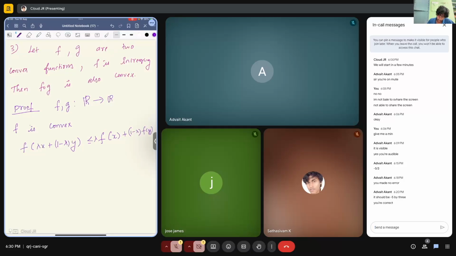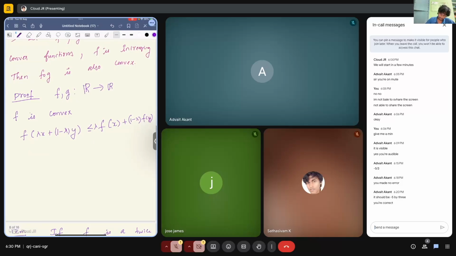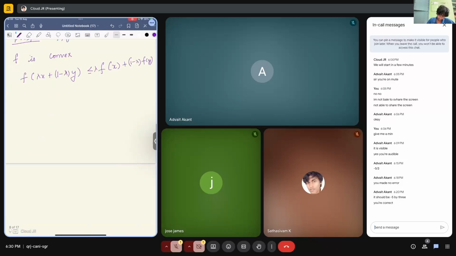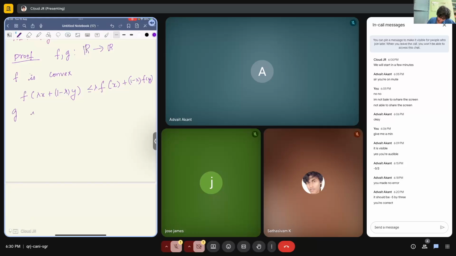We also have that g is convex, so we will use that also. So g of lambda x plus 1 minus lambda times y is less than or equal to lambda times g of x plus 1 minus lambda times g of y. We have this statement because g is convex.